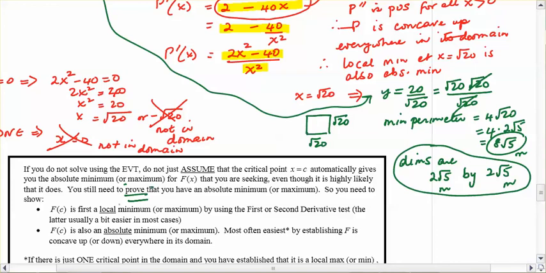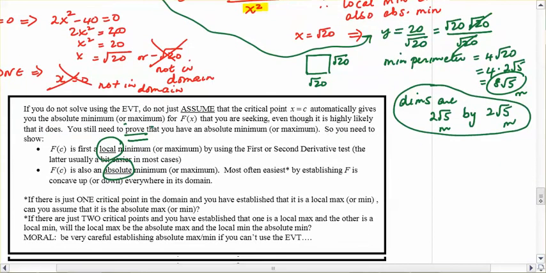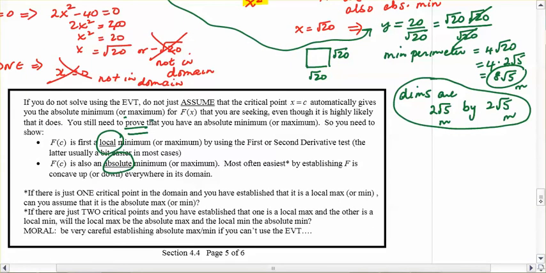You need to show first if it's a local min or max using either the first or second derivative test. But then you also have to demonstrate it is an absolute min or max. And that very often we do by just establishing, if it is true, that the function is concave up or down, depending on the problem, everywhere in its domain.